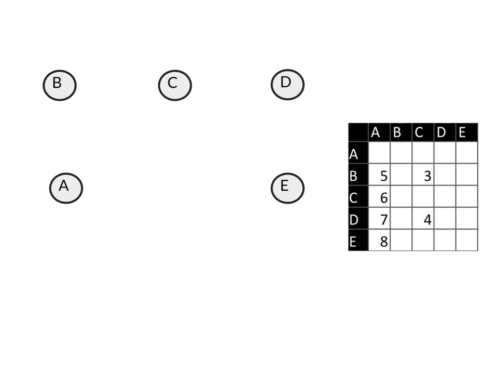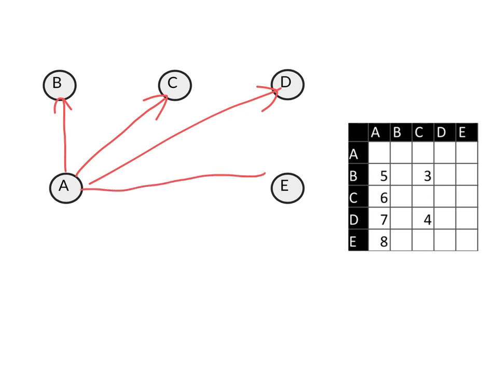So A links to B and C and D and E. And each has a weight, as we discussed last time. So A, and there's an arrow at the top. And there we go.